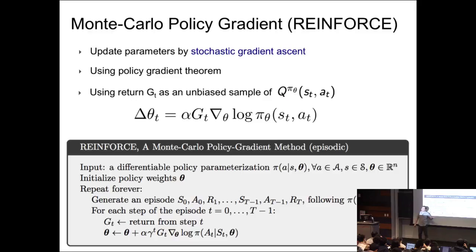So this also has an intuitive interpretation, right? If you look at this update equation, it's basically telling you, take the gradient with respect to the log of the policy weighted by the return. Right? If you have a big return, you're going to have a big gradient, saying I want to take these actions.